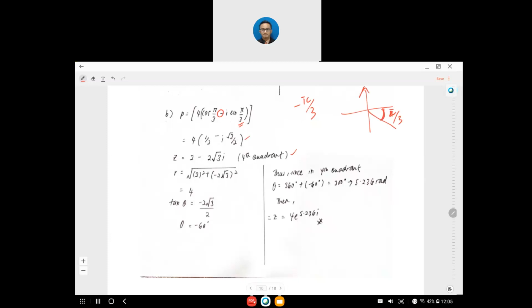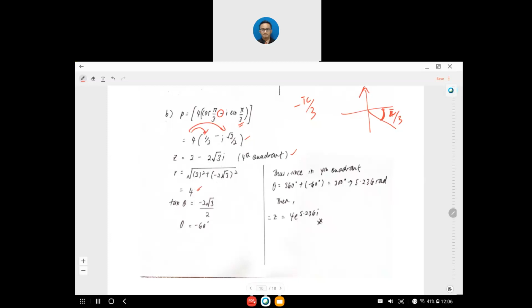So it becomes 1/2 minus i root 3 over 2, so you can expand this one. You can get 2 minus 2 root 3i. Okay, and then same as before, you have to find the value of R. So you can get 2 squared plus root 12 squared, so you can get 4.